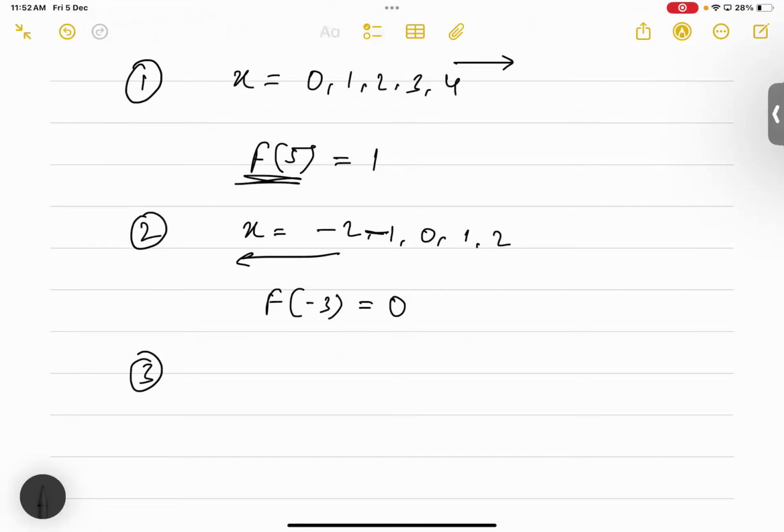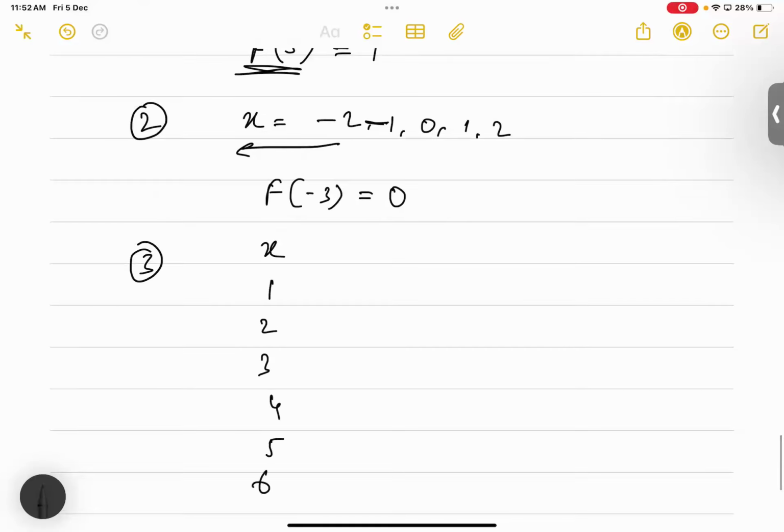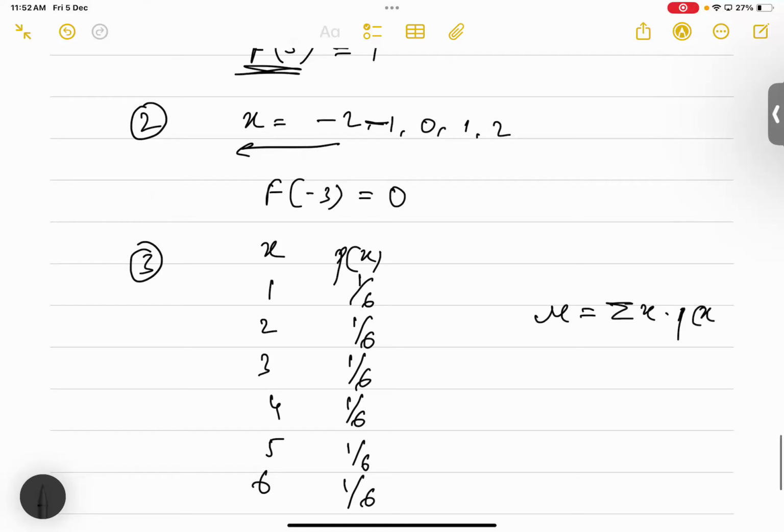X is the number on the uppermost face when a fair die is thrown, E of x, you are saying mean. So the die has 1, 2, 3, 4, 5, 6, and P of x is 1/6 each, correct? So mu, expected value, mean, x p of x, this we solved yesterday also: 1/6, 2/6, 3/6, 4/6, 5/6 and 6/6.